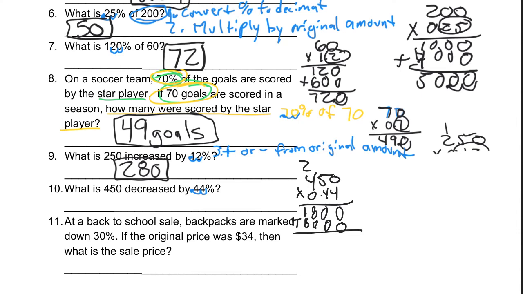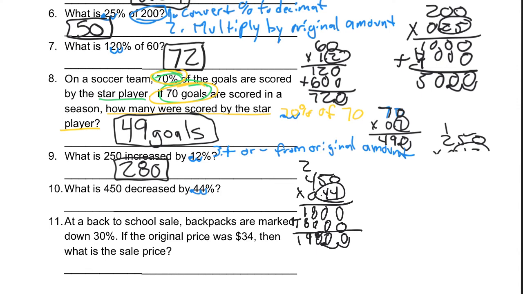I add them together. 0, 0, 8, 9, 1. Okay, so I've got 19800. Well, I've got 2 decimal places to the right, so I move that back. All right. Step 1 and 2 are done. I have 198.